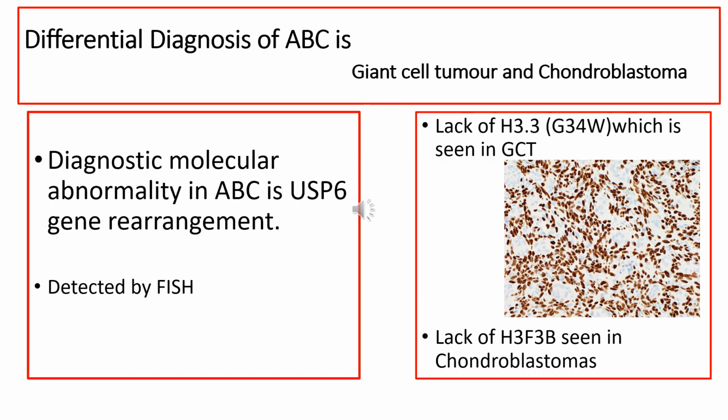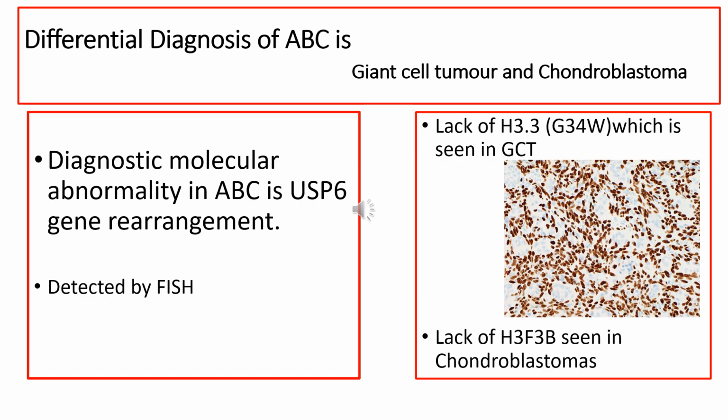Now, just like giant cell tumors have the H3.3 antibody, there is a close monoclonal antibody, but it's a different clone. It is known as H3F3B. Now, this antibody or this marker is found in chondroblastomas.